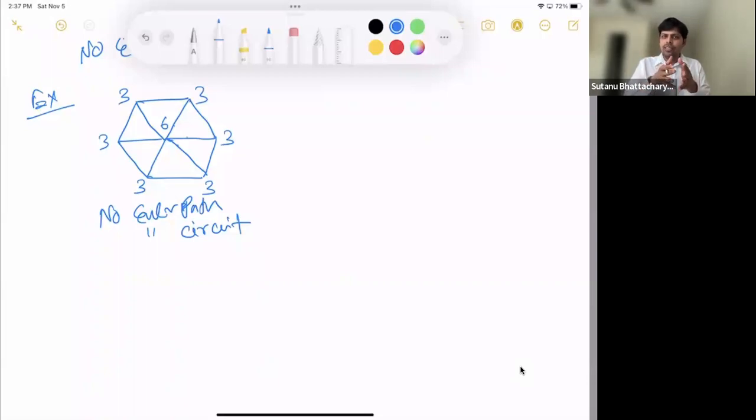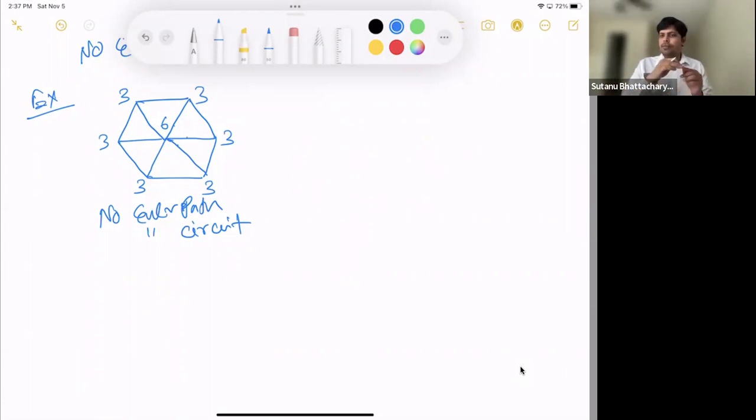So can we apply the same concept for vertices instead of edges? Our goal is to cover or traverse every vertex of that graph exactly once. Now we'll think about covering every vertex of that graph.